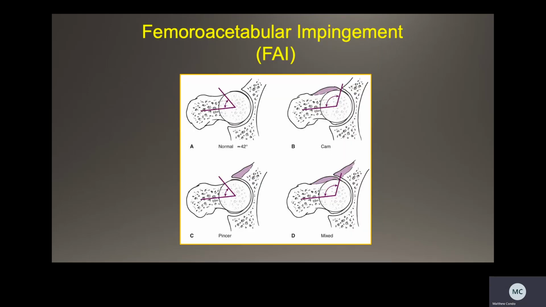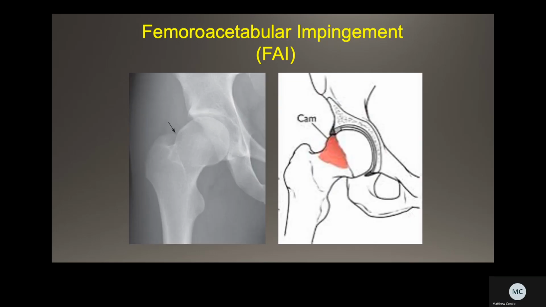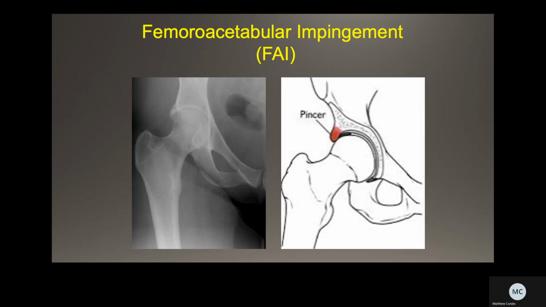And then the last concept I want to cover here is femoroacetabular impingement. There are several types of femoroacetabular impingement. I'm not going to go into it too far because I know you guys go into it in other course content. That's what a cam impingement looks like. That's what a pincer impingement looks like.